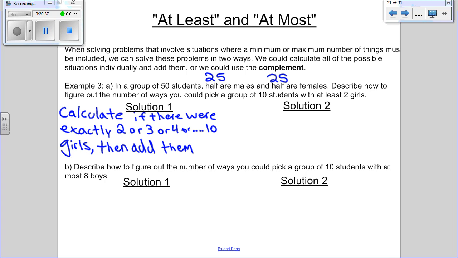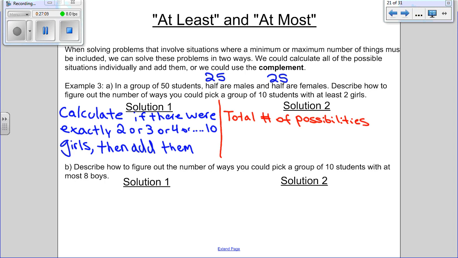Solution 2 would be to take the total number of possibilities and then subtract the complement. So if I took the total number of possibilities, there's 50, I need 10 of them. That's how many possibilities there are.